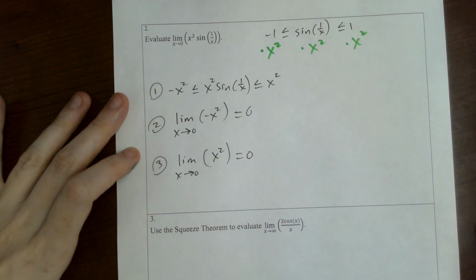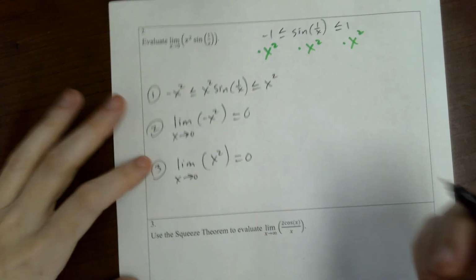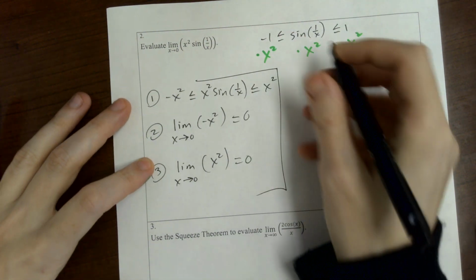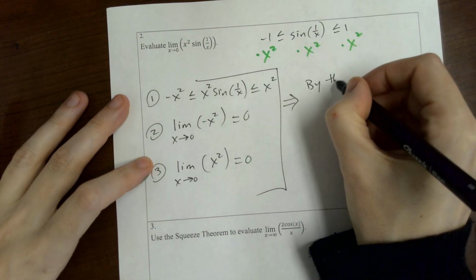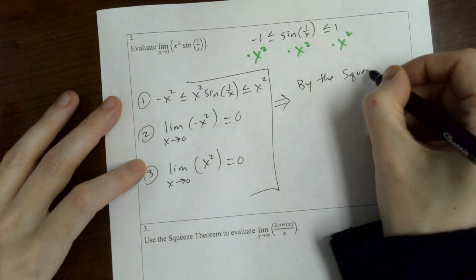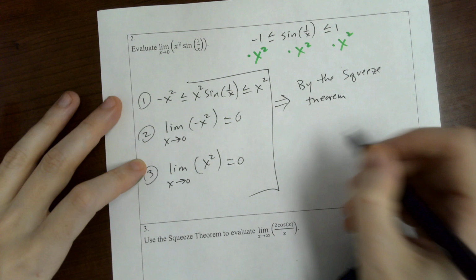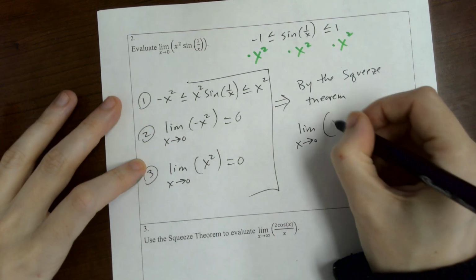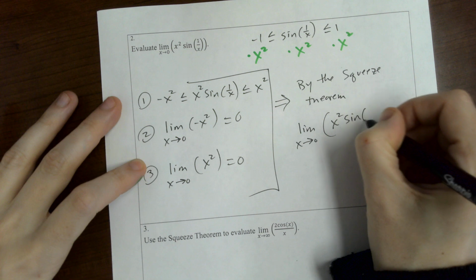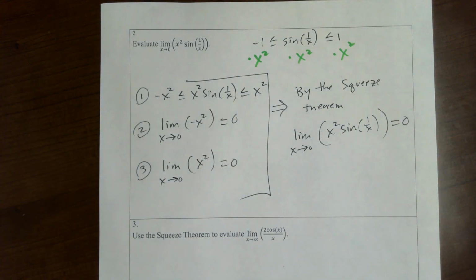So it has to be the case that the limit as x approaches 0 of this middle function is also 0. By the squeeze theorem, the limit as x approaches 0 of x squared sine of 1 over x equals 0.